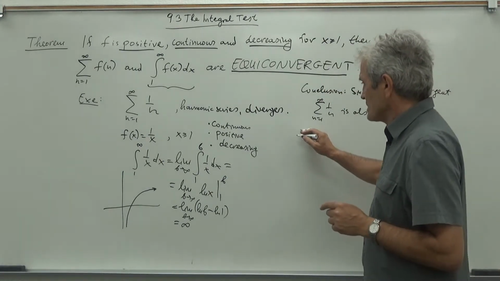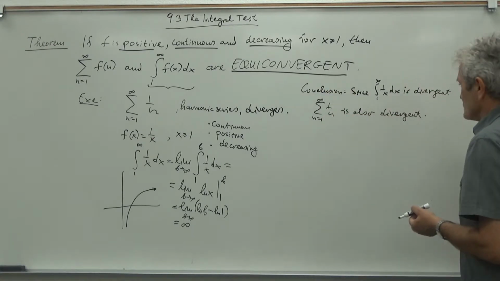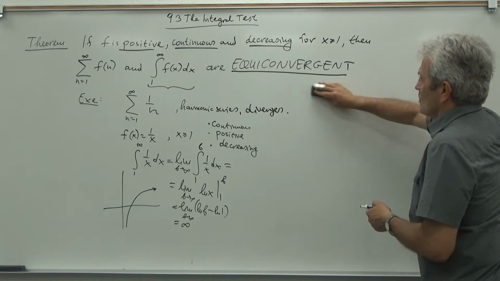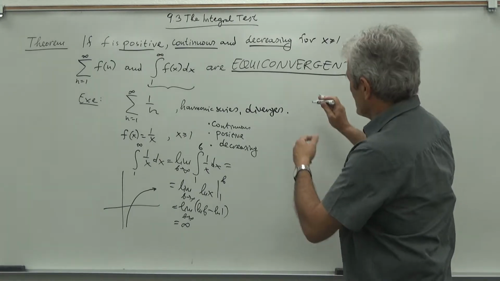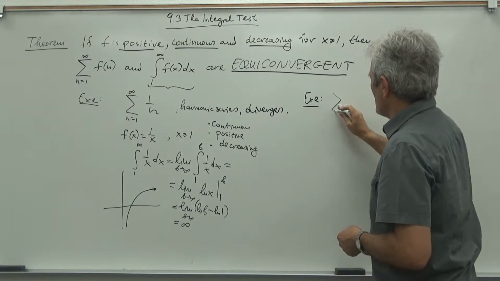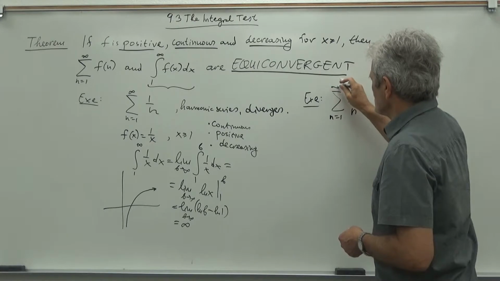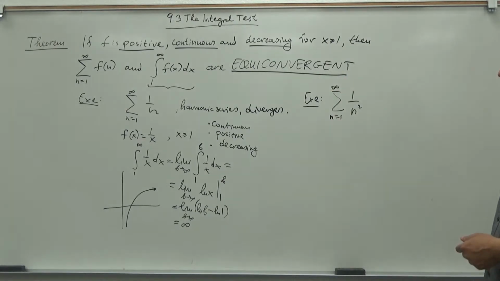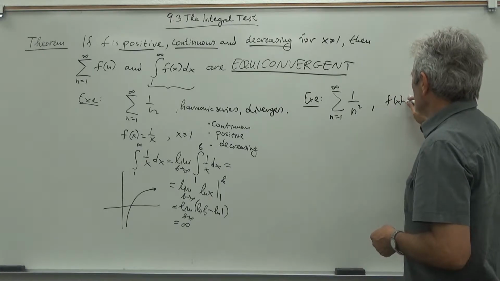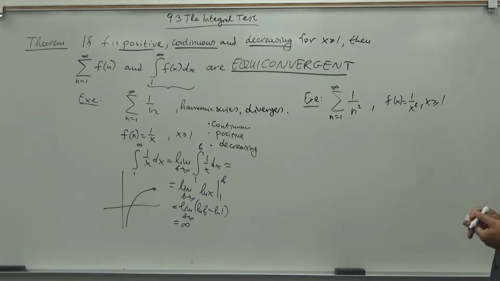Let me try now to squeeze in here a very similar question. I want you to see them next to each other. Actually, I will erase this conclusion because you know what it is. I want to compare these two examples side by side. Sum 1 over n squared, n goes 1 to infinity. So our function this time is f of x equals 1 over x squared for x greater or equal 1.